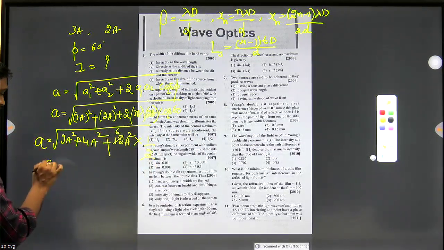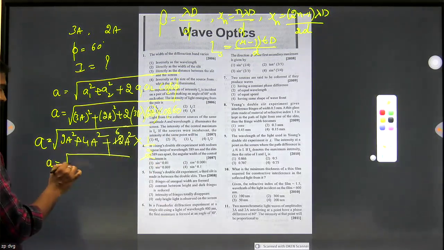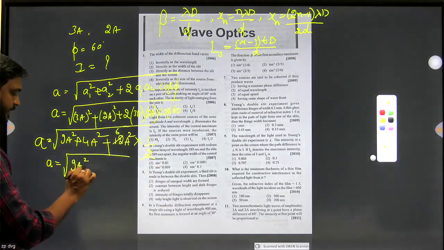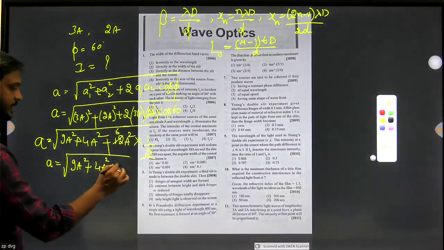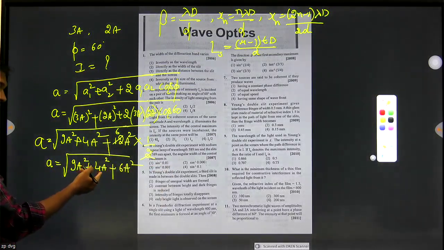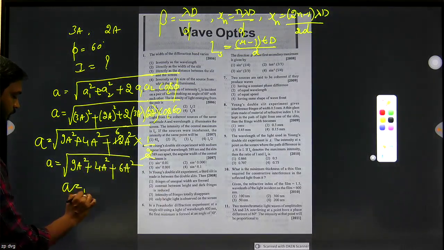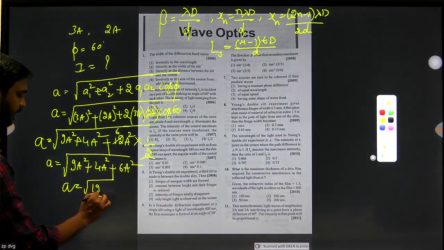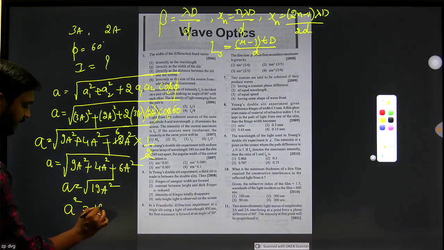A equals square root of 9A square plus 4A square plus 6A square. So 9A square plus 4A square is 13A square, 13A square plus 6A square is square root of 19A square. So squaring on both sides, A square is 19A square.